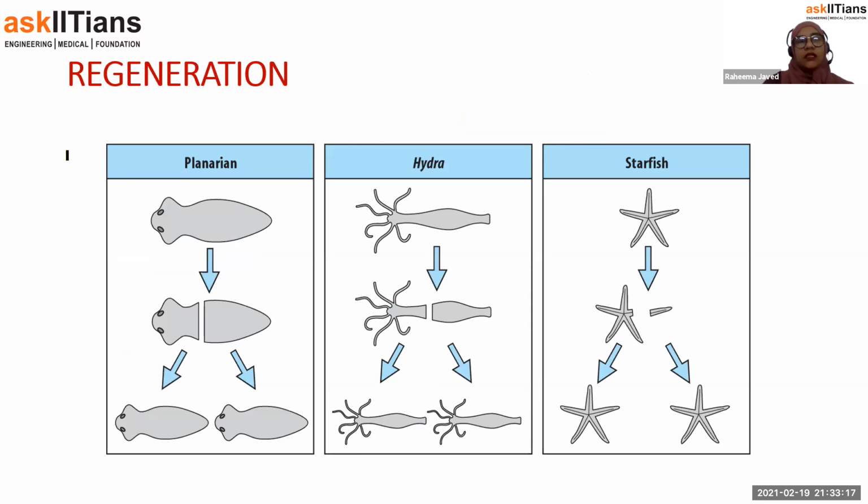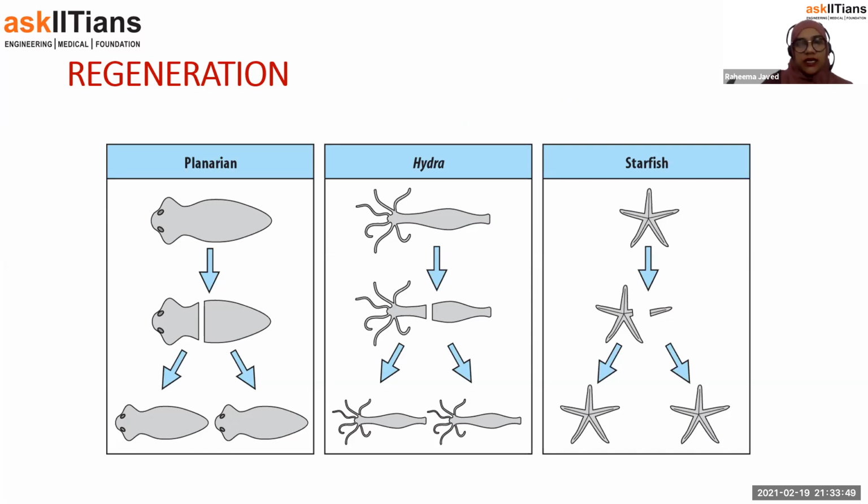Some people think that regeneration can also be regarded as fragmentation. There is nothing wrong in saying that regeneration, where the body gets fragmented, and each part of the body can divide and develop into a new individual. Here we are talking about animals who get accidentally divided.